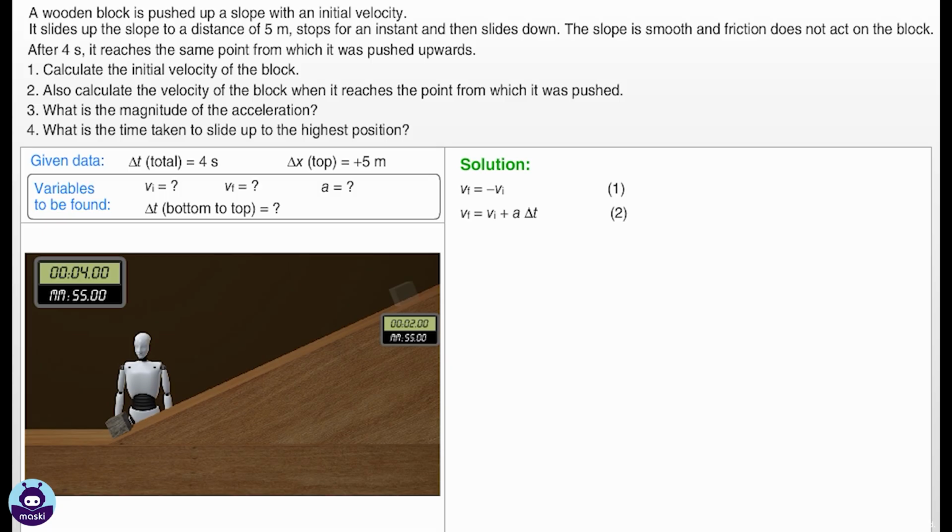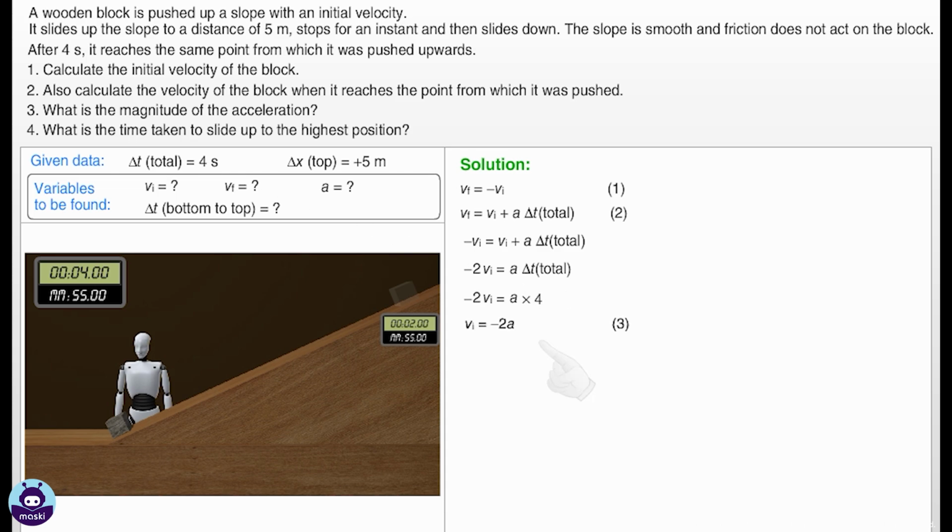Here, delta t is the total time interval from the initial position to the final position, that is, delta t total. Combining the two, and rearranging the terms, we get negative 2 v initial equals a delta t total. Substituting the value of delta t total, v initial equals negative 2a.